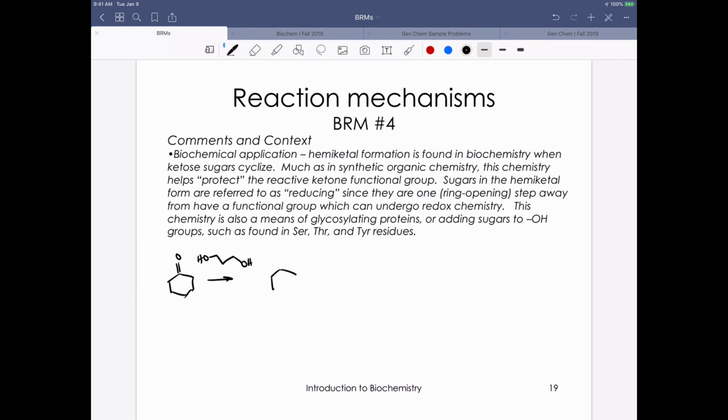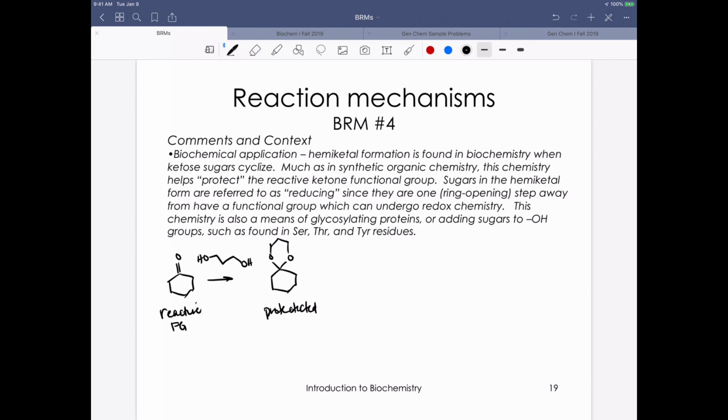And you'd end up forming, because it's 2 reactive alcohol groups, this protecting group. So now this reactive functional group is protected, because remember, a key hallmark of ethers is that they're not very reactive.